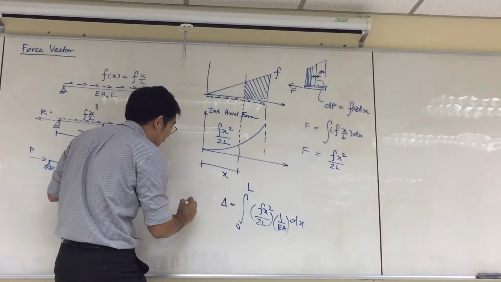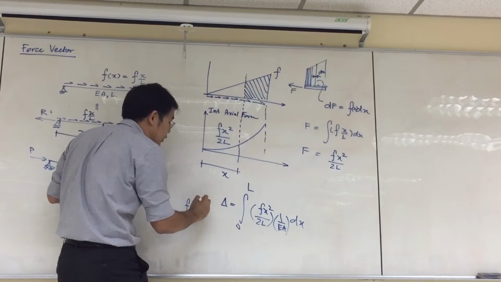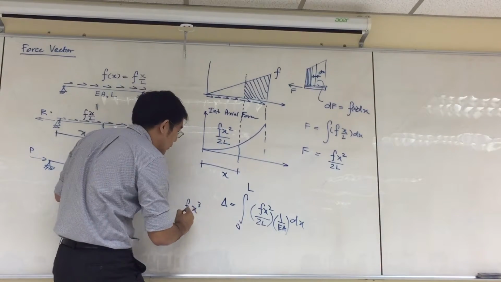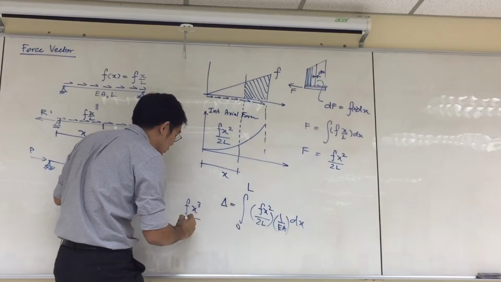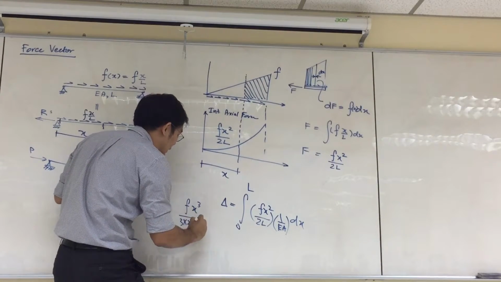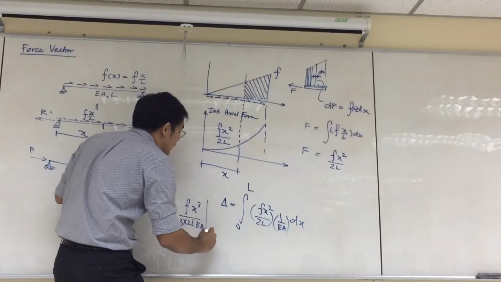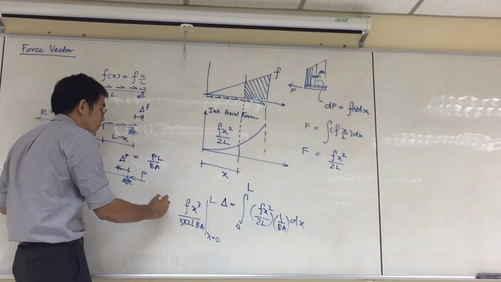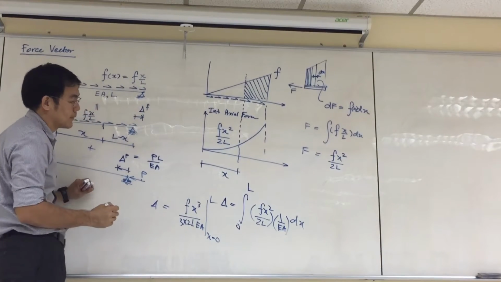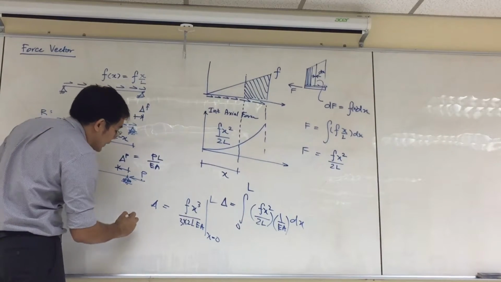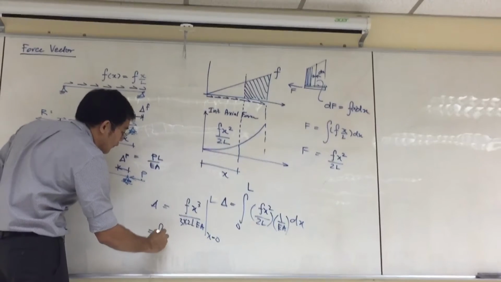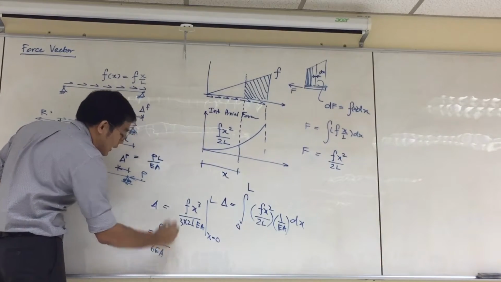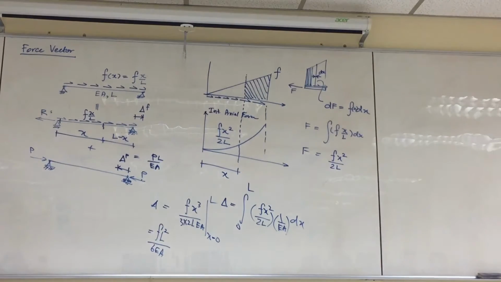So we have Fx cubed over 3 times 2LEA, evaluating from x equal to 0 to L. This is your delta. So you end up with FL squared over 6EA. Done.